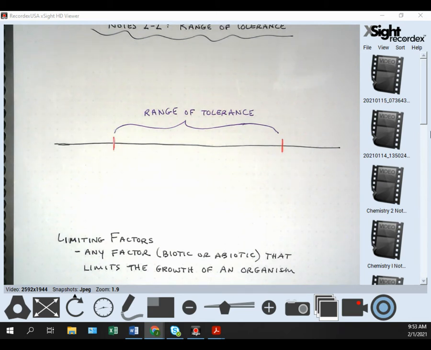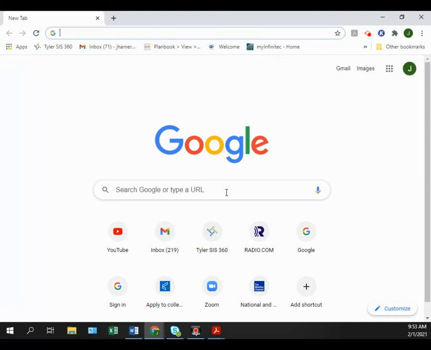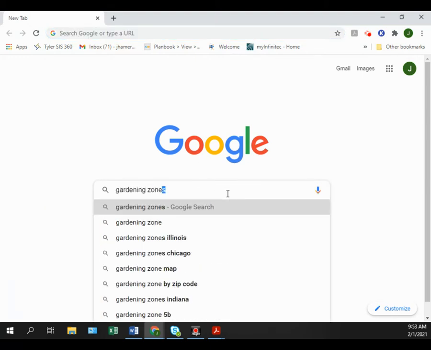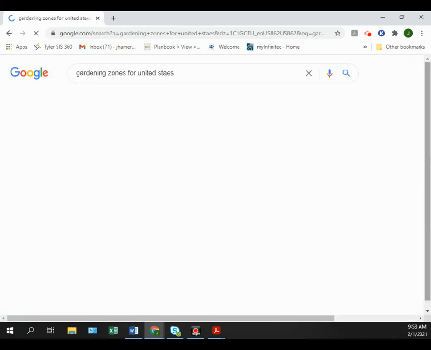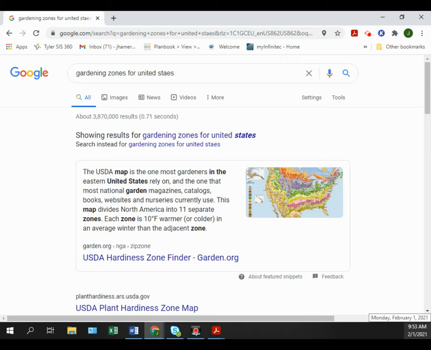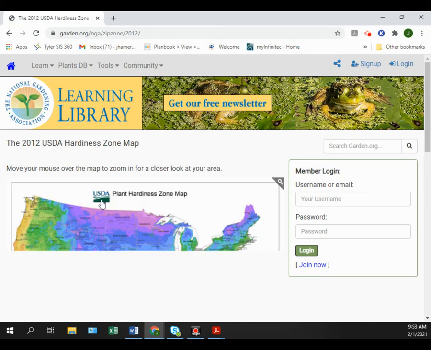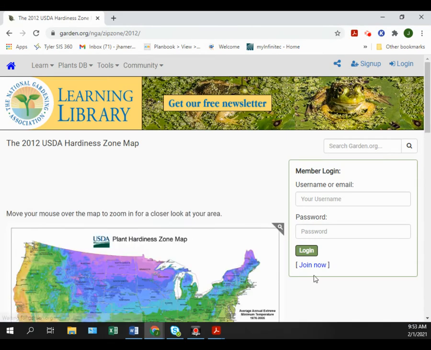So there's a range of tolerance, and I don't know if a lot of people do this these days, but maybe your parents do. If you've ever seen, I forget what they're called, a hardiness zone. So let's see if I can.